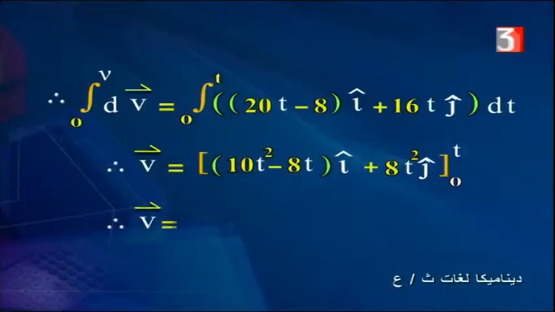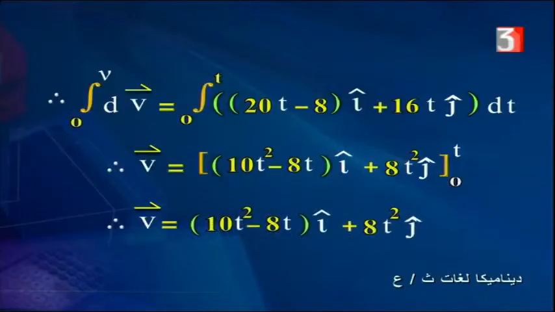Then the vector v equals (10t power 2 minus 8t) in direction i plus 8t power 2 in direction j minus 0. Then the vector v equals (10t power 2 minus 8t) in direction i plus 8t power 2 in direction j.